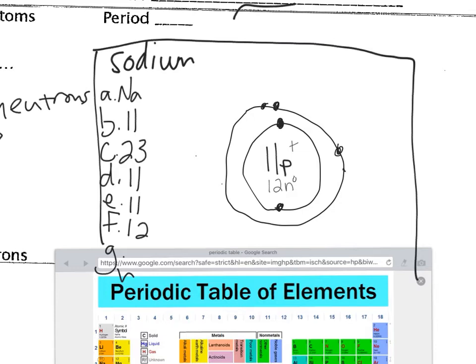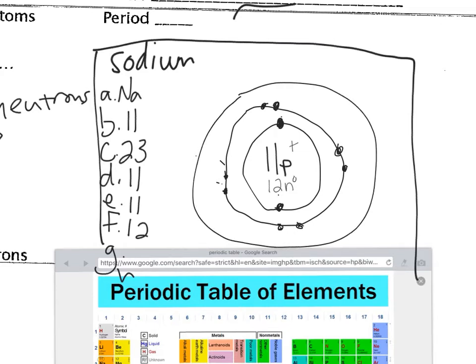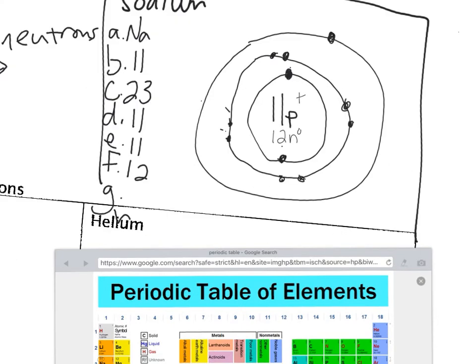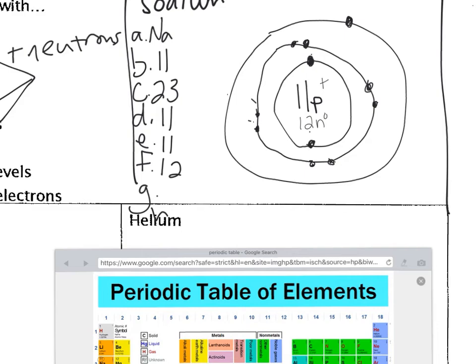But I'm going to draw this here, and then I'll show. If you do the math, I have 10 electrons that I've accounted for, and I have 11 electrons total. So I've got 2, 4, 6, 8, 10, all around the outside. So then I need to draw a third energy level. You won't have to do this because it won't matter. So then I'll have 1 electron there. So that's what my diagram is going to look like.